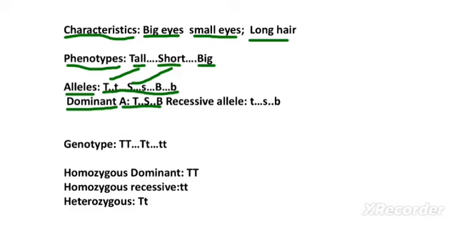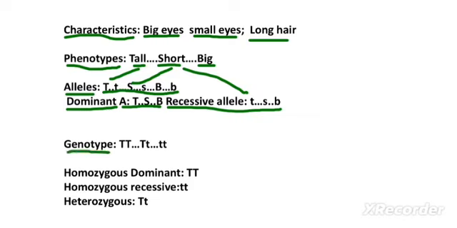It means that it is controlled by a capital letter. So we have recessive alleles. Recessive alleles are small letters. They might tell you being short is controlled by a recessive allele T. What is the allele for being short? That is small letter t, because they said it is controlled by a recessive allele, and recessive alleles are small letters. So let's talk about what we call a genotype.